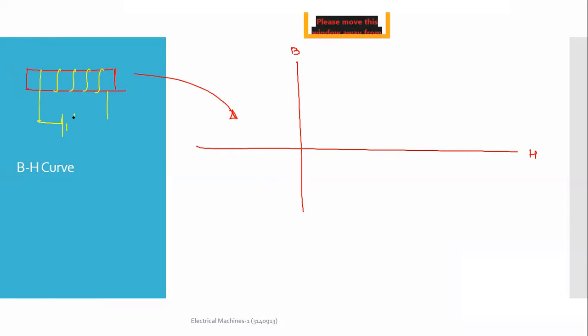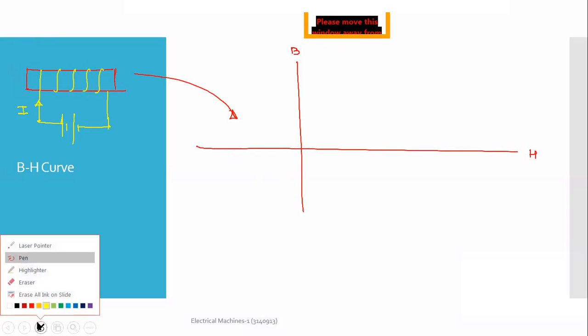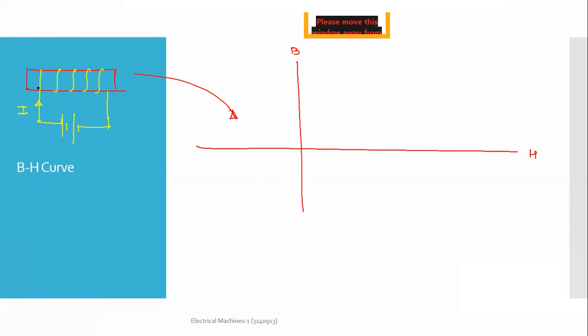What we are doing is increasing current to the coil, and let us assume that the coil has sufficient capacity to carry the current. So we increase the current, flux will increase in the core like this. If we increase current further, flux will further increase and so on.